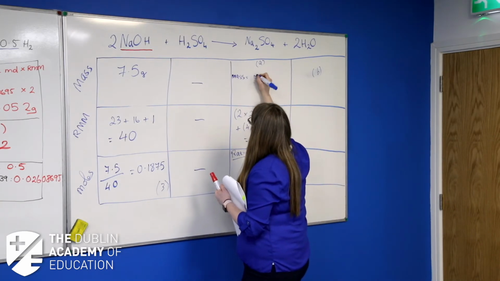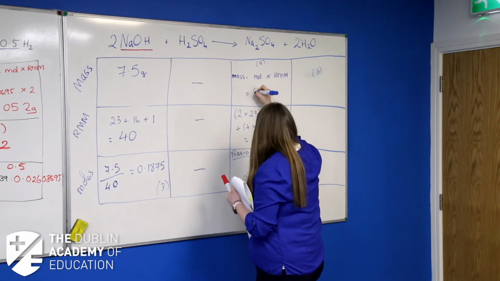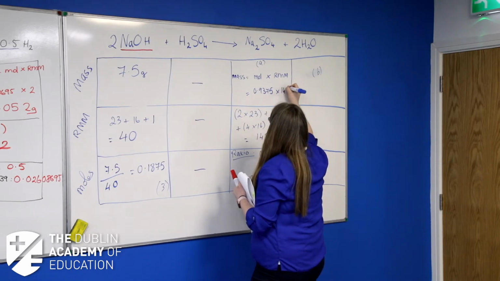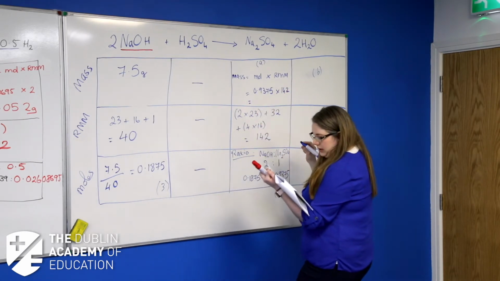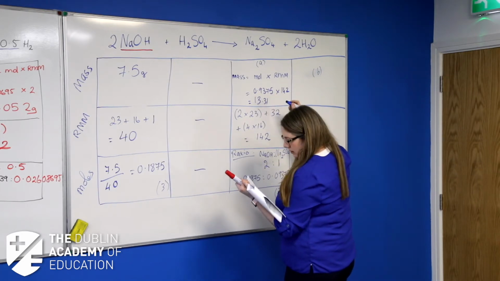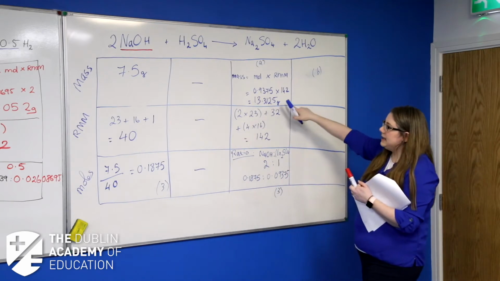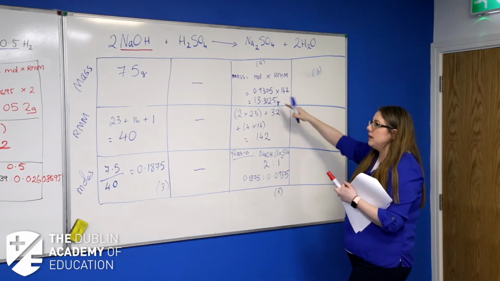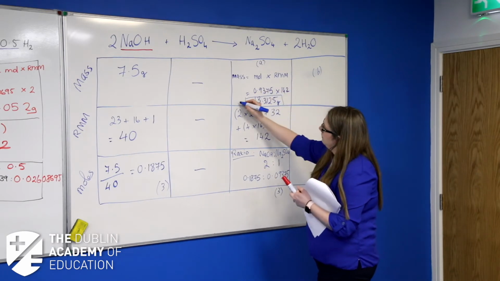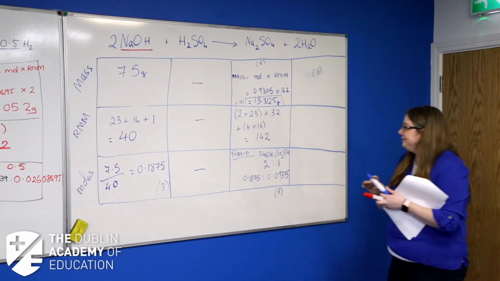Mass is moles times RMM, which is 0.09375 times 142, which is 13.3125 grams. That's how many grams of sodium sulfate form in that reaction, and that's your answer for A. So you get 3 marks for this bit and 3 marks for your answer.